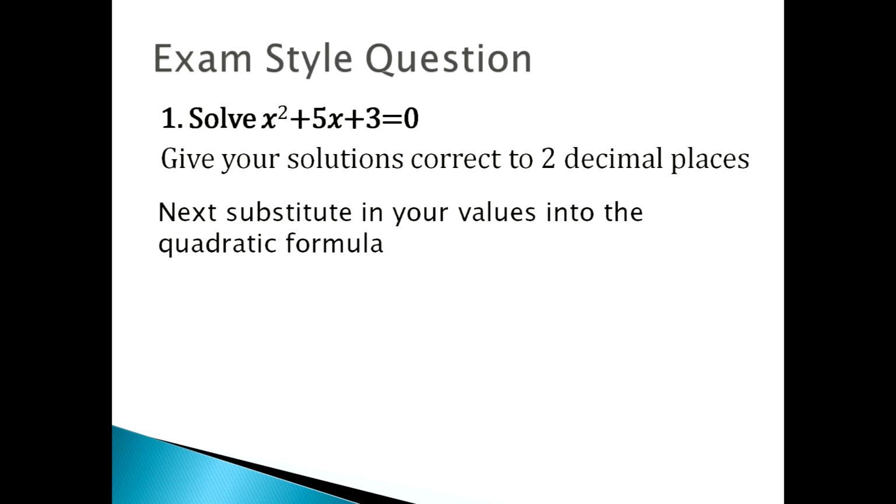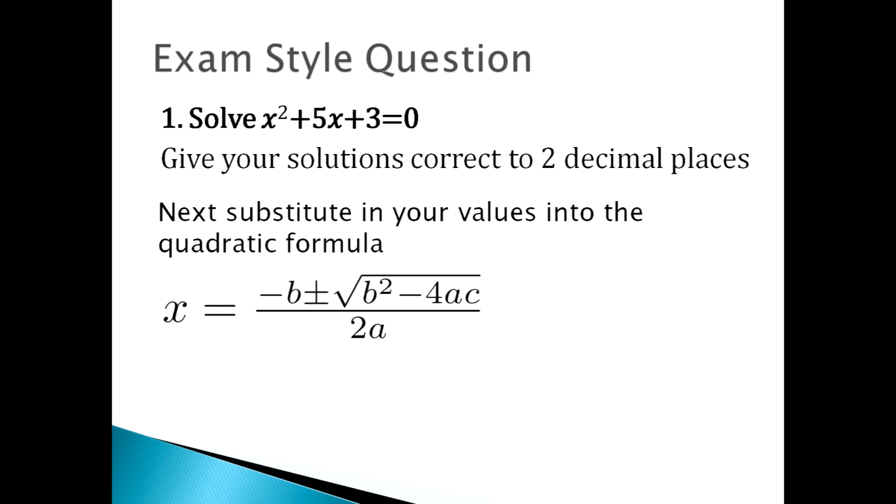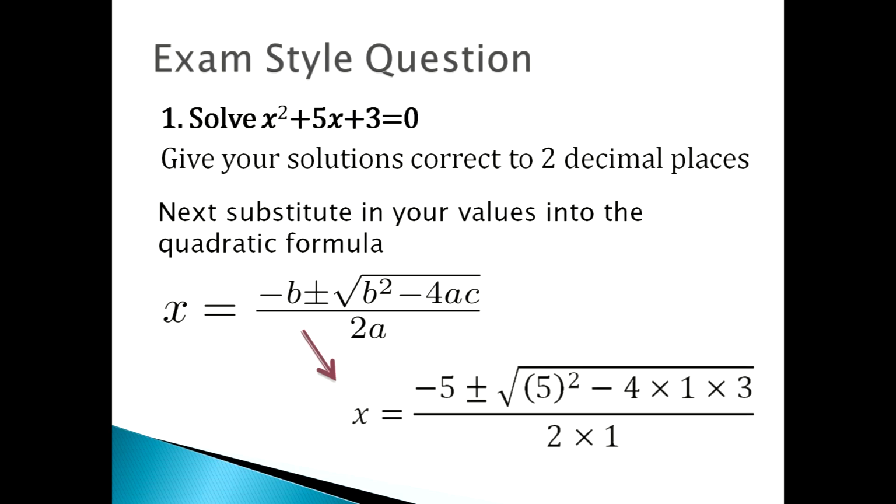Next, you need to substitute your values into the quadratic formula, which is x equals minus b plus or minus the square root of b squared minus 4ac, all over 2a. Once you substitute in your values, you get x equals minus 5 plus or minus the square root of 5 squared minus 4 times 1 times 3, all over 2 times 1.